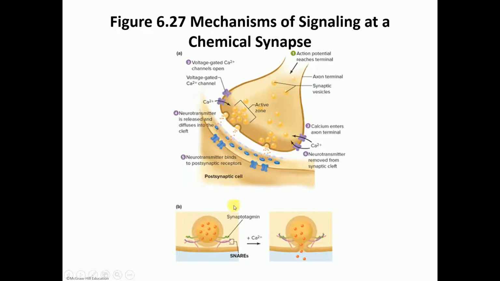Calcium attaches to these SNARE proteins and pulls those shoelaces apart from each other. That leads to the fusion of these membranes to the actual cell membrane and opening up of those vesicles, releasing the neurotransmitter in a process that we've known as exocytosis. The neurotransmitter then diffuses across the synaptic cleft and attaches to the receptors in the postsynaptic cell.